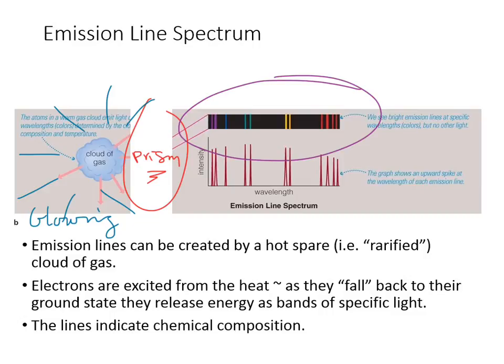Do you see the purple, the blue, the 2 at the green, the 2 at the yellow, and then the 4 over there at red? That is an identification of what that substance is, generally what elements are in that cloud.